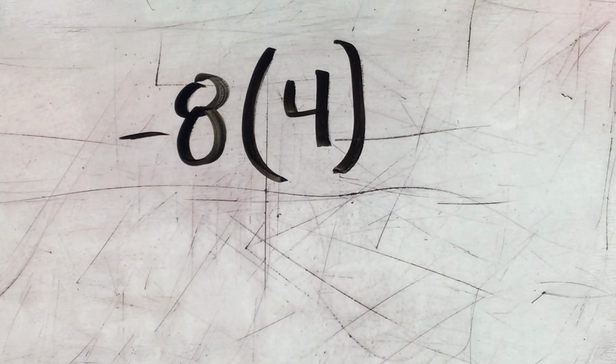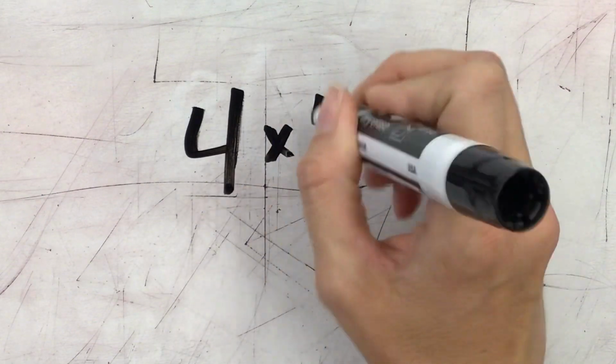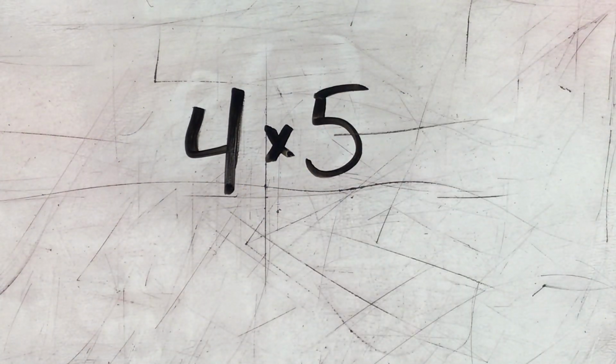Negative 8 times 4, let's see it. Throw those positives times positives in there usually. This table's good. That table's good.